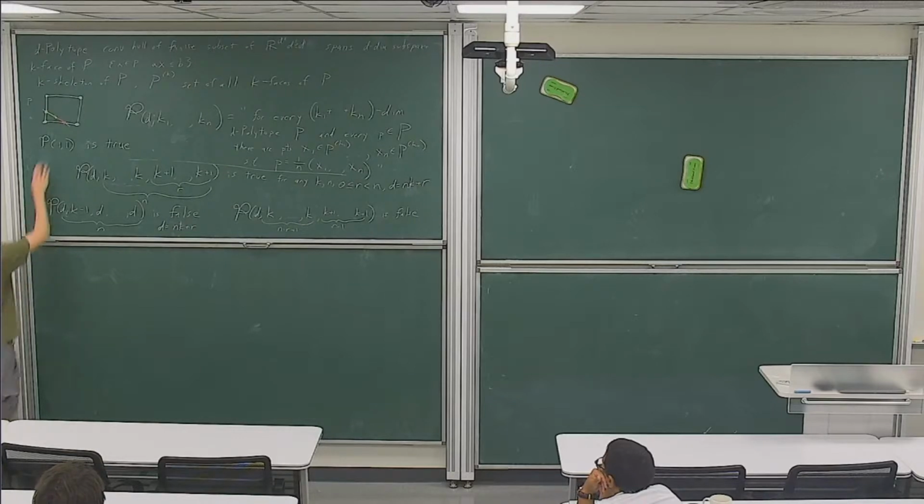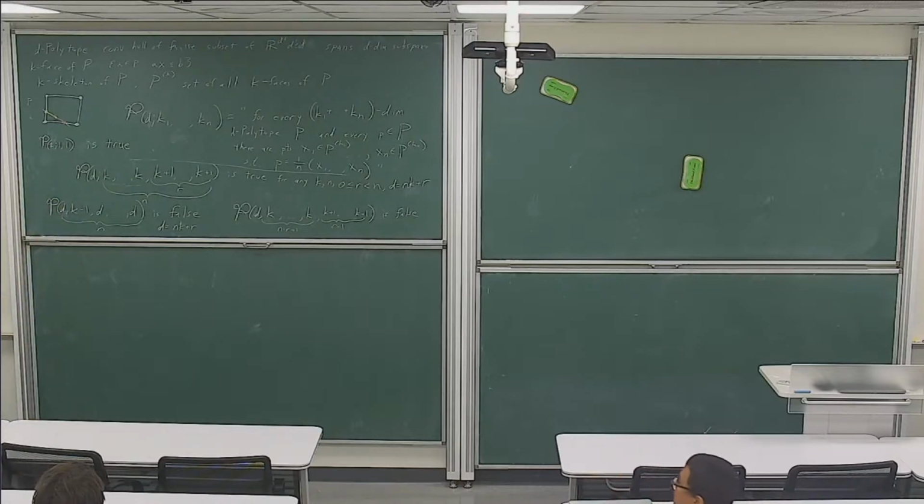Oh yeah, sorry. This will be dimension 2. So in dimension 3, this would be false. If you think about it, you would be picking a too low dimension space to even fill the polytope.